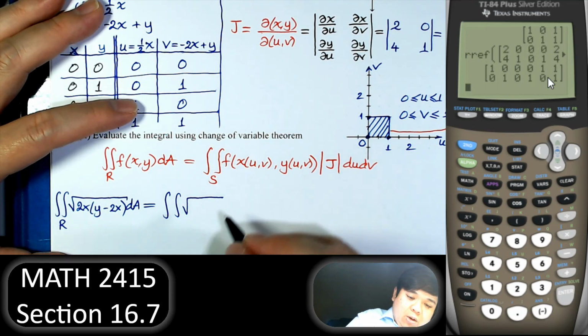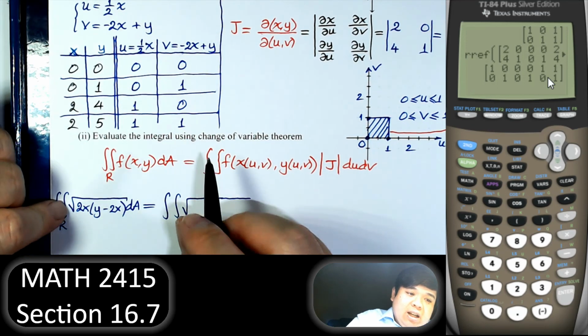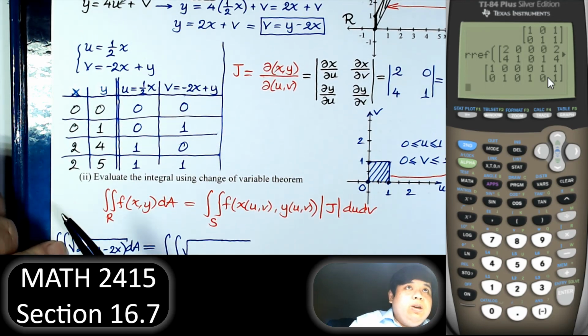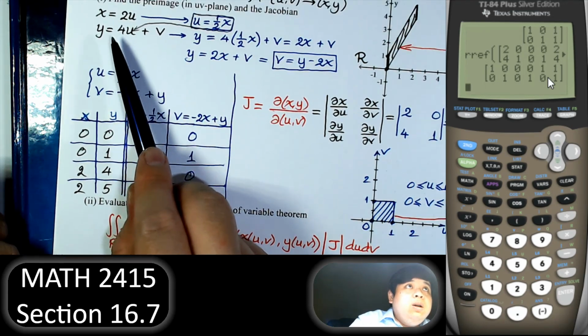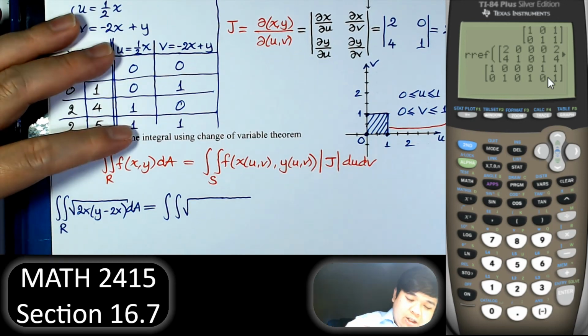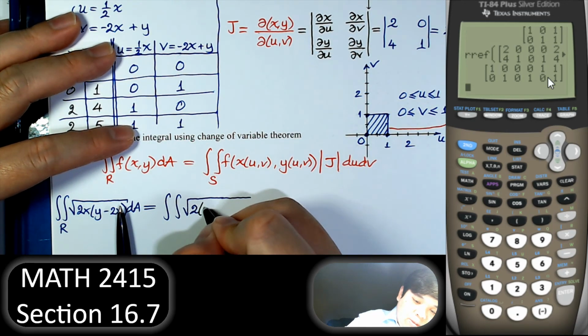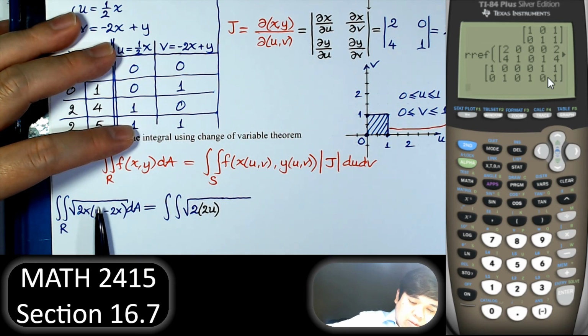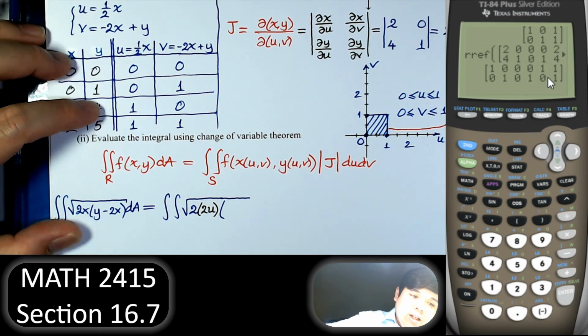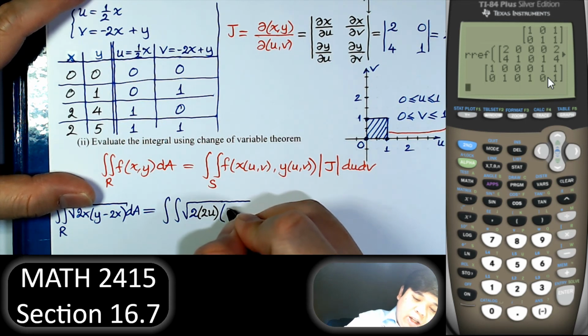Right, x is equal to 2u, so I'll substitute in x is 2u. y is 4u plus v.